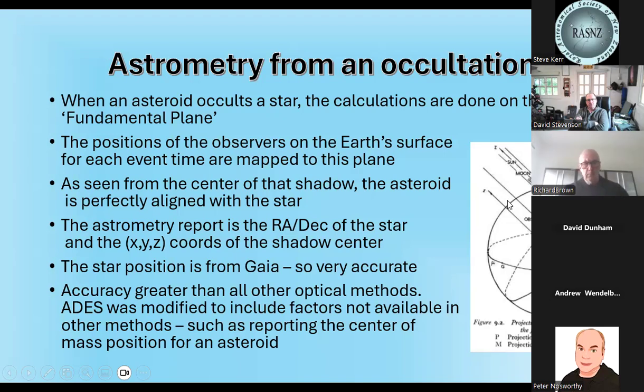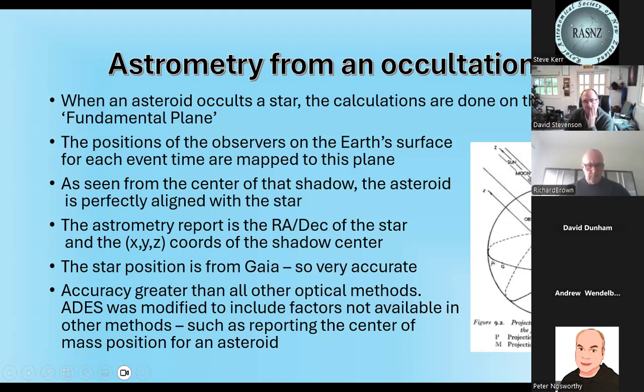The process of reduction includes all sorts of corrections. We take into account the variability of the Earth's rotation. The extreme one is, you're on the surface of the Earth, you record a time. It's very important you get the time correctly.